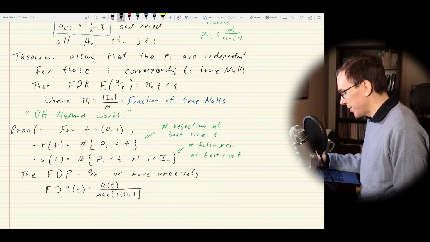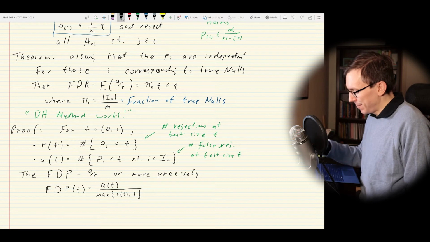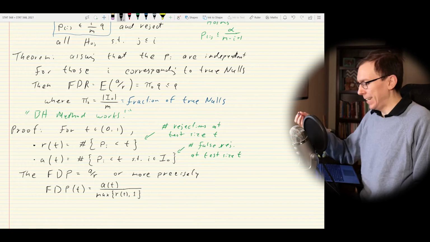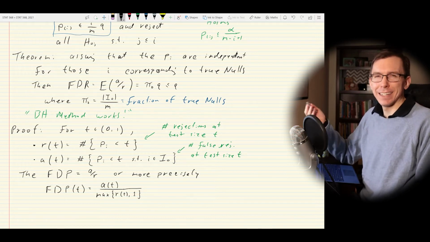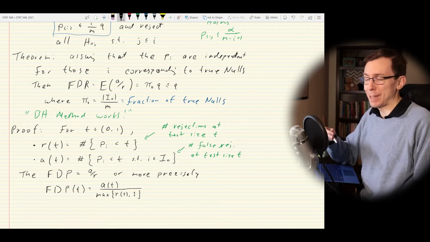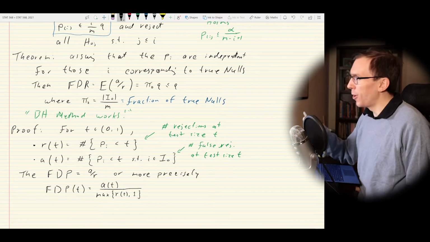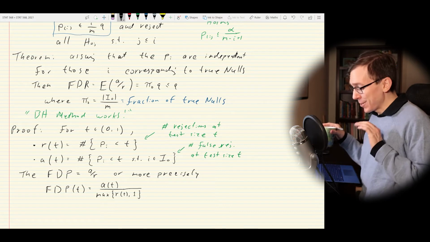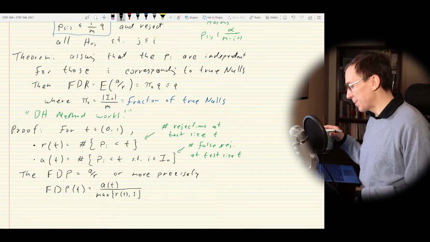Basically, we do this so we don't divide by 0. Because if we don't put that max in there, we could choose t smaller than the smallest p-value, in which case we get 0 divided by 0. That's almost never a good time in math. So we want to skip that. We don't want that. So we put a max in.